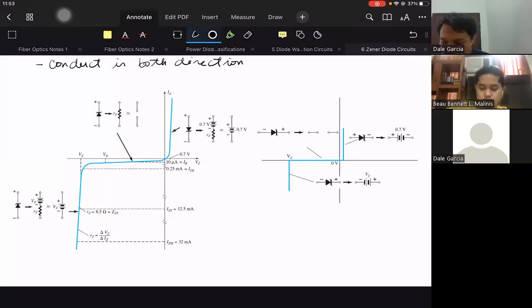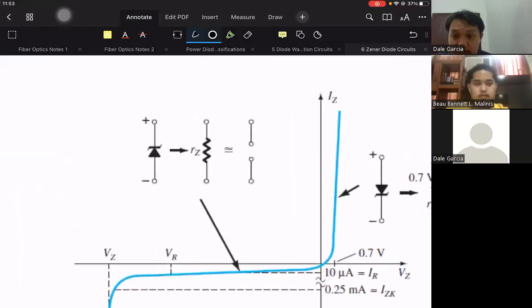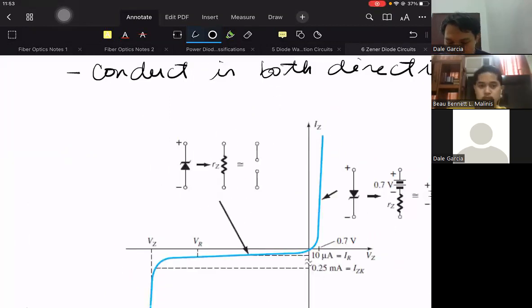So, in forward bias, or before that, this is the schematic symbol for our Zener diode. It looks like a regular diode, but with extra lines or horns to denote that it is a Zener diode.